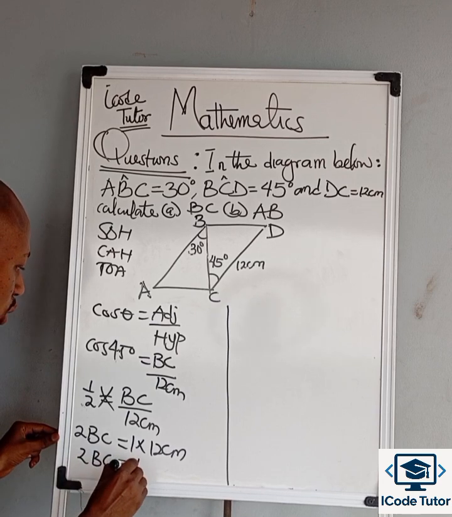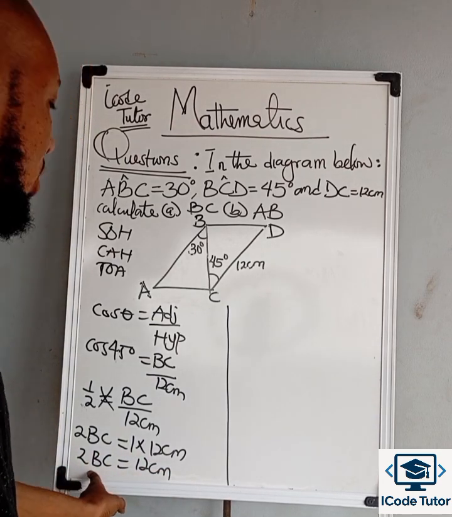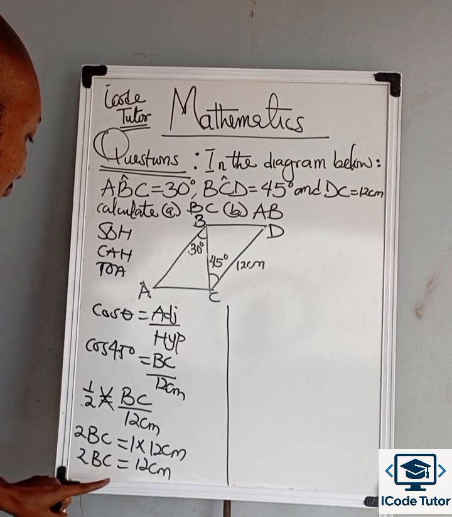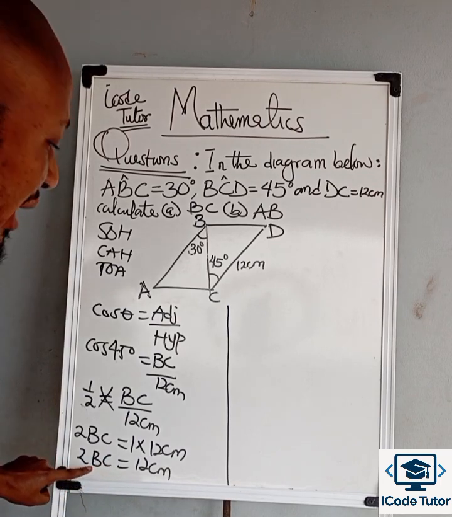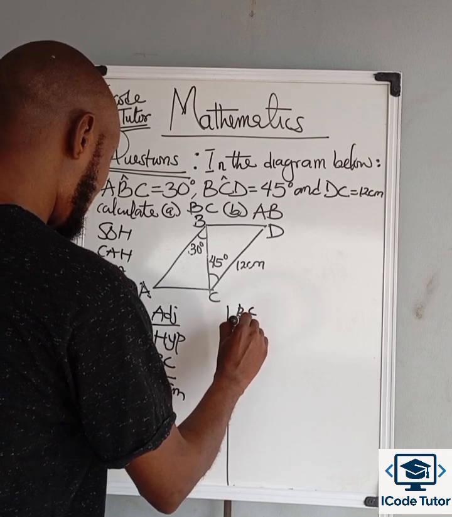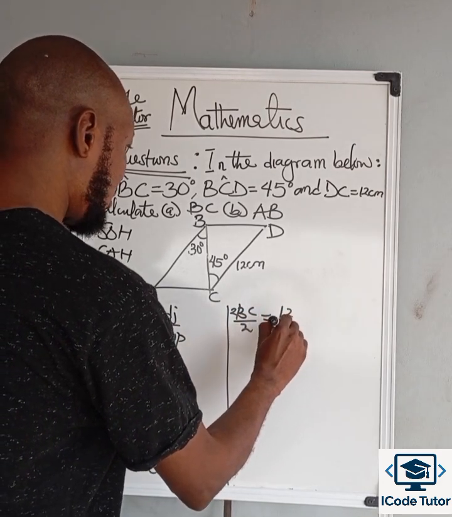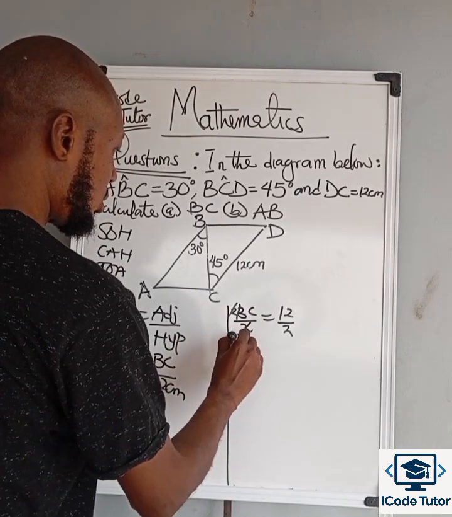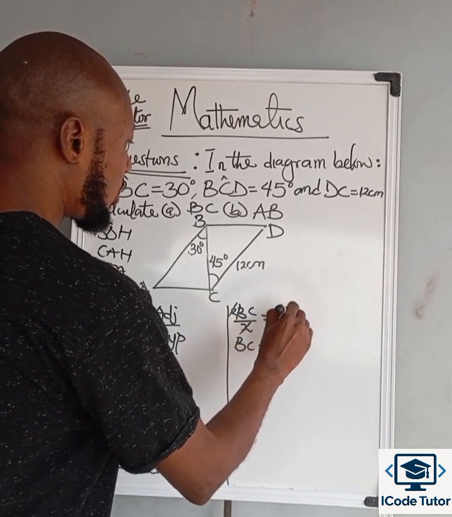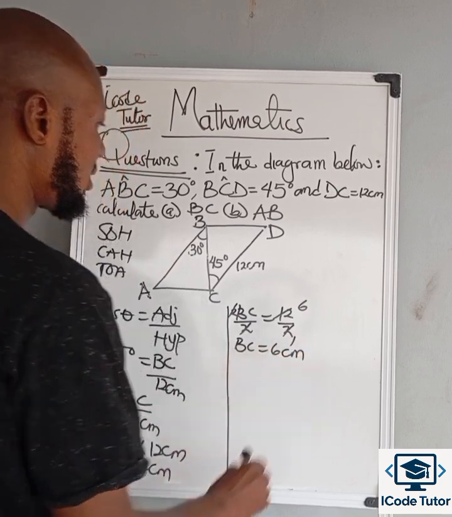We need to know the value of BC, not root 2 BC, so we divide both sides by the coefficient of BC. Root 2 BC divided by root 2 equals 12 divided by root 2, and therefore BC equals 6 root 2 centimeter.